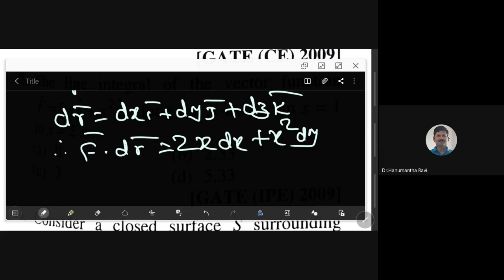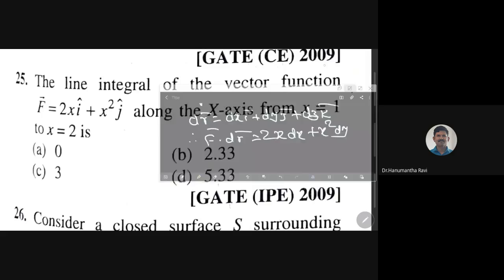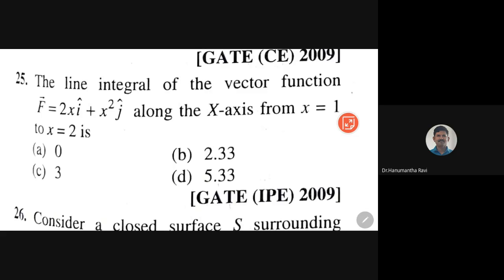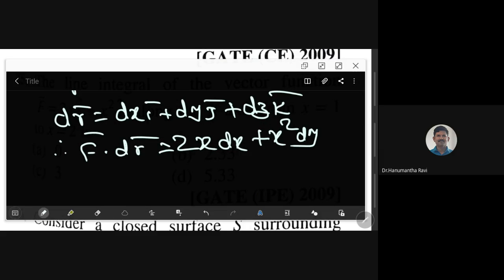So fine, this is the one, but we are talking about x varying from 0 to 1. See here, we are talking about x varying from 1 to 2. So when x is varying from 1 to 2, that is the curve I am talking about. Line integral means curve.